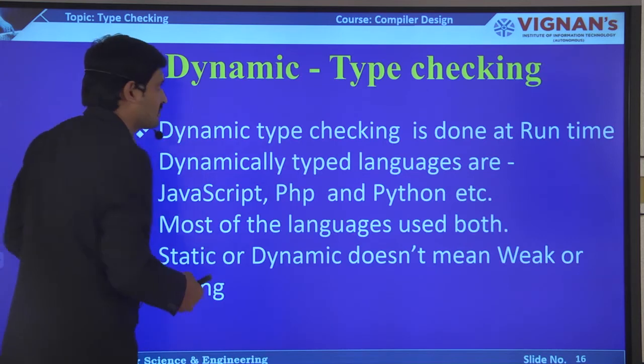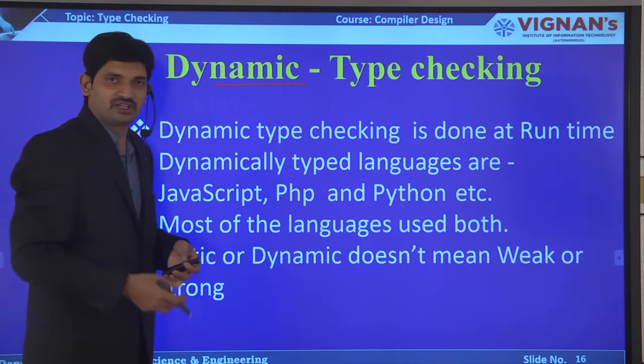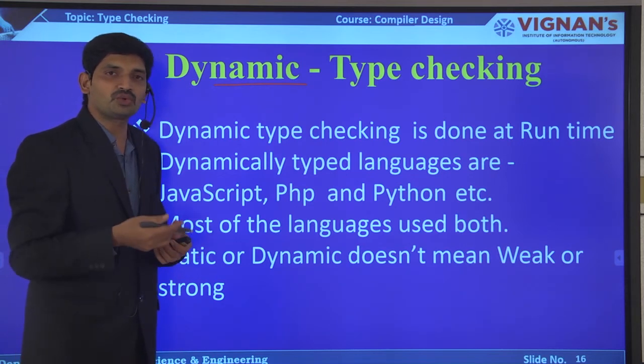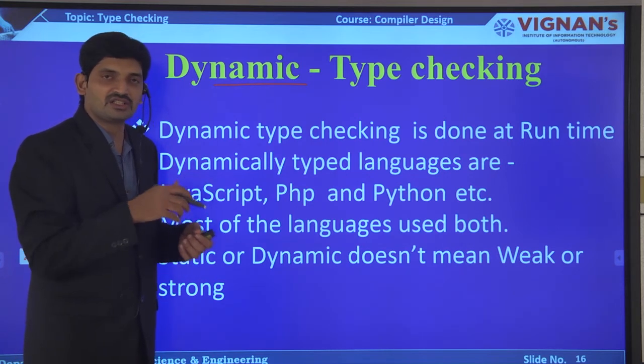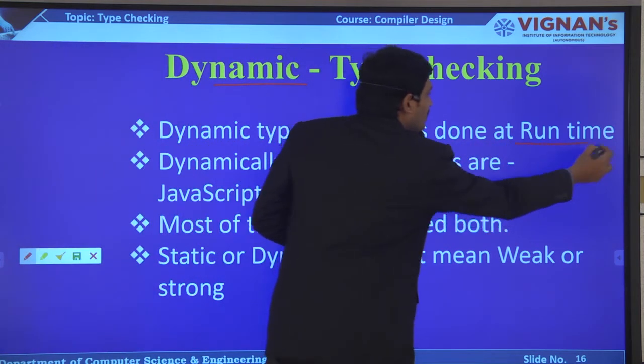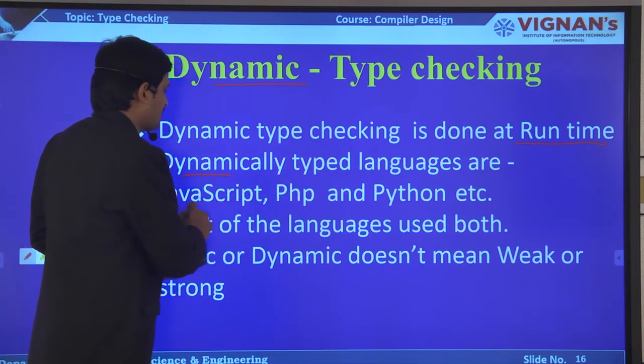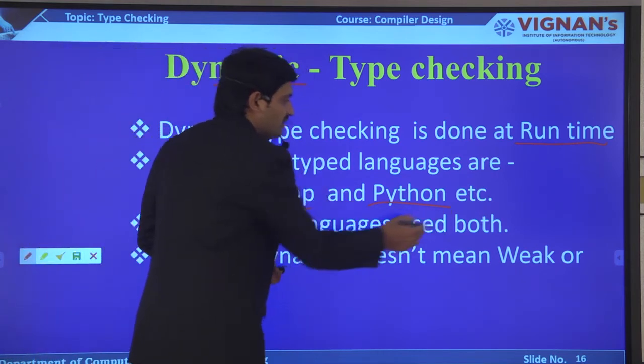Okay, next to static, the second type of type checking is dynamic type checking. That means we are going to type check all the instructions at runtime. So it is done at runtime, and the dynamically typed languages are like JavaScript, PHP and Python.